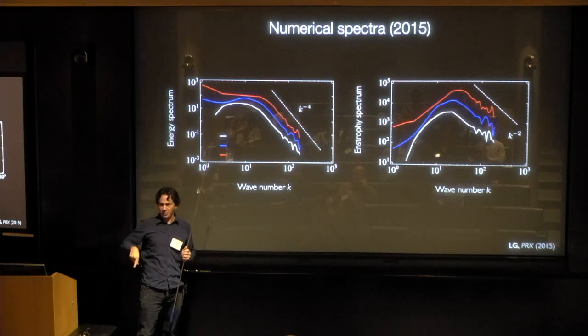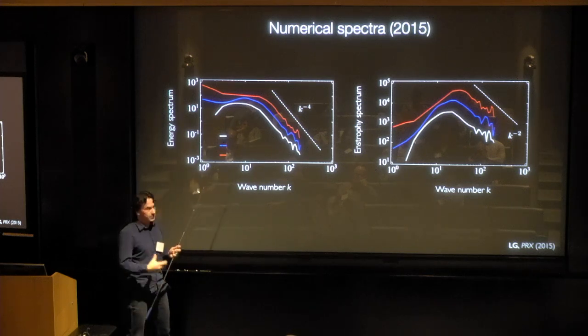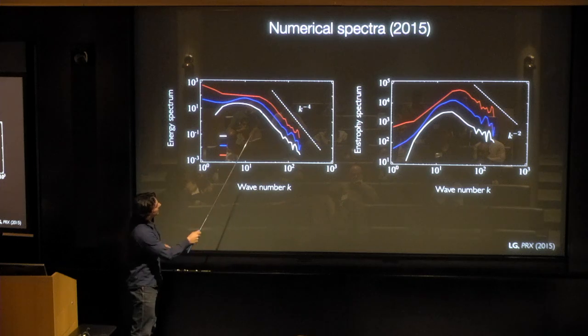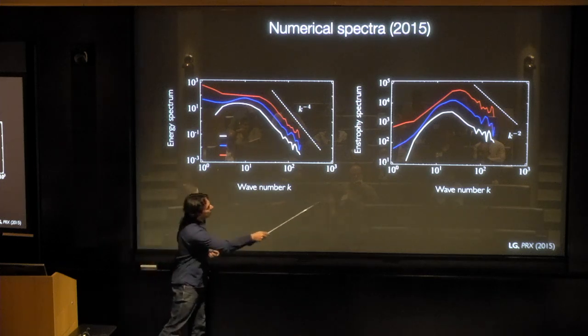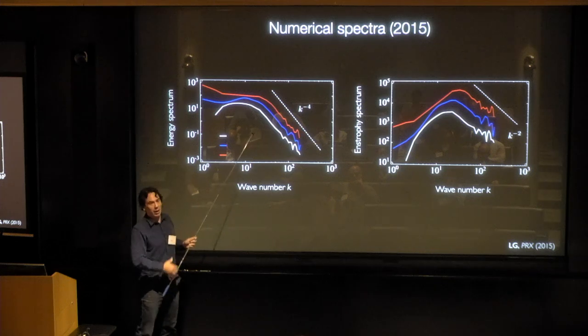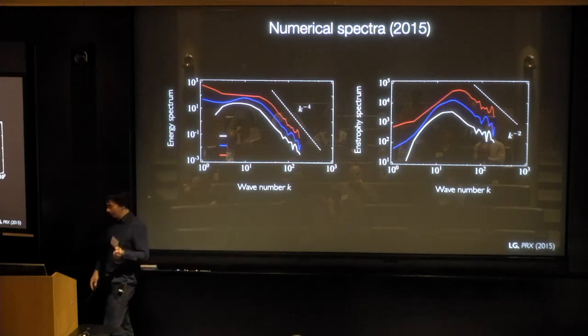A 256 by 256 square grid, very small. So I didn't even try to actually fit the small wave number region. And this is just a line that shows the analytical prediction. You can argue that this is kind of consistent, or at least not obviously wrong, right?